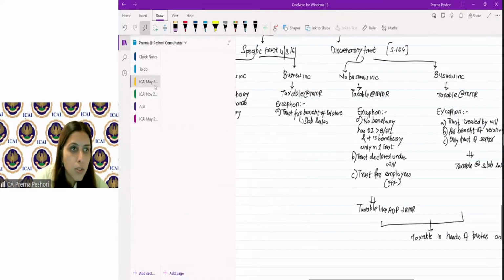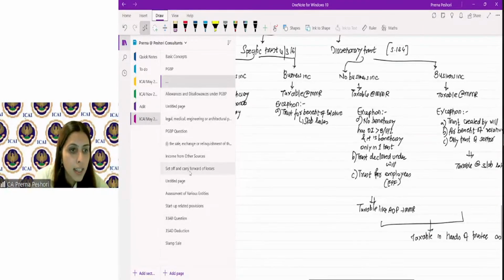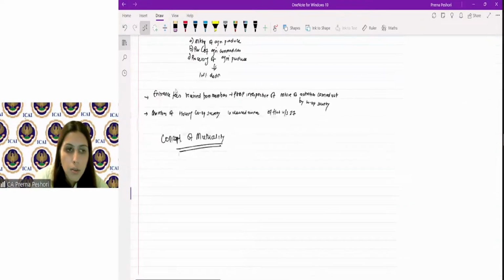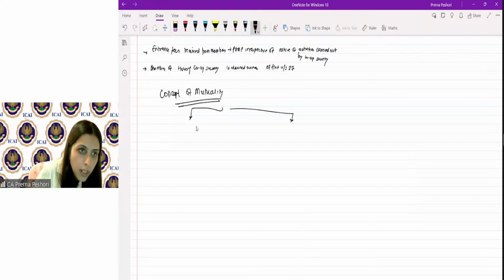Okay, now I'll just once more explain. There was one doubt which was raised with regard to the mutuality concept. I'll just once again explain it before we close the session. So as I said, for the concept of mutuality, there are two things. One is the general income, like entrance fees, transfer fees, right?